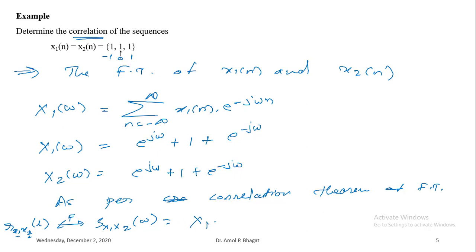So we need X1 of omega multiplied by X2 of minus omega. We have X1 of omega and X2 of omega, so wherever there is omega we replace it with minus omega.